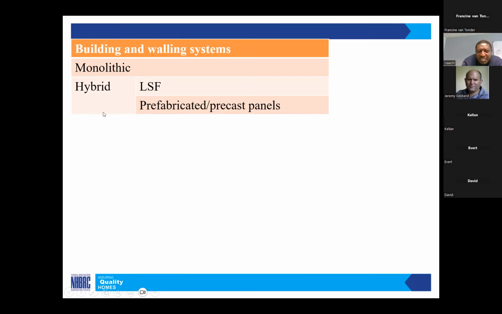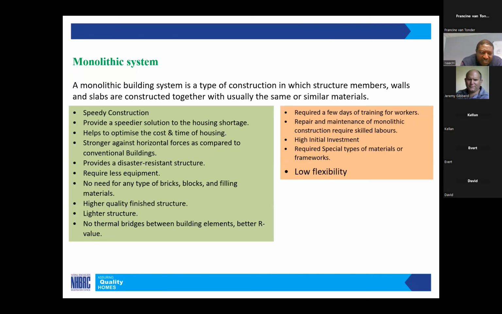Then you have hybrid structures. In hybrid, you've got a combination. It's not limited to two. It can be many, because we've got light steel frame and prefabricated precast panels. They can be concrete, they can be composite, they can be any material that you may find in the industry.